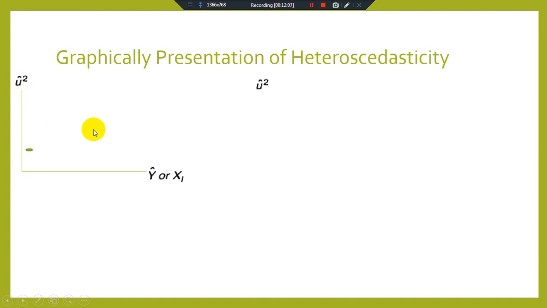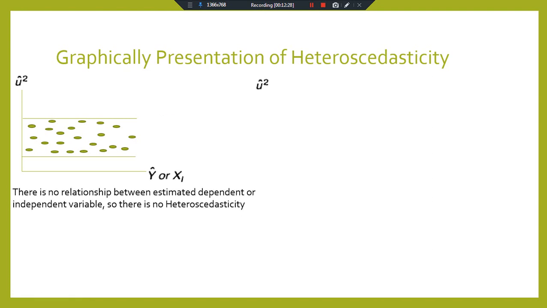Okay, let's see, we have some outcomes here. If this type of graph or this type of relation exists between the variance and the estimated y, or with the explanatory variable, then we can say that there is no heteroscedasticity in our data, because there is no relationship between the estimated independent or dependent variables and the variance.